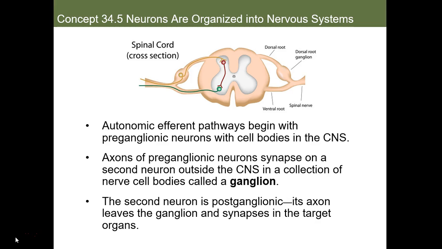The axon of these preganglionic neurons synapse on a second neuron outside the central nervous system in a collection of nerve cell bodies called ganglion. The second neuron is called postganglionic, and its axon leaves the ganglion and synapses in the target organs.